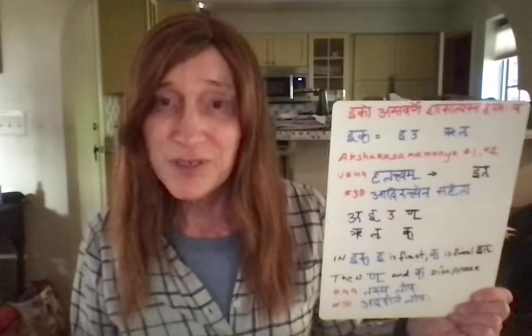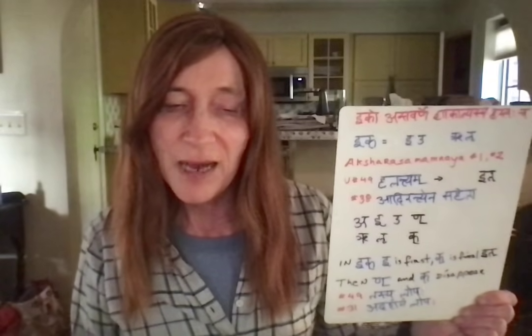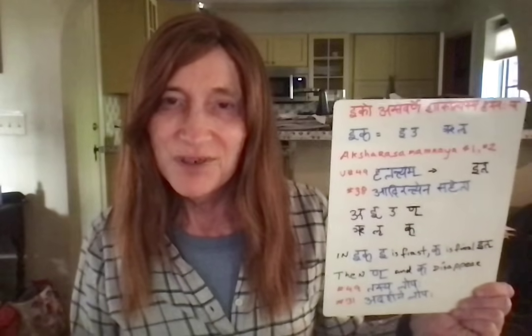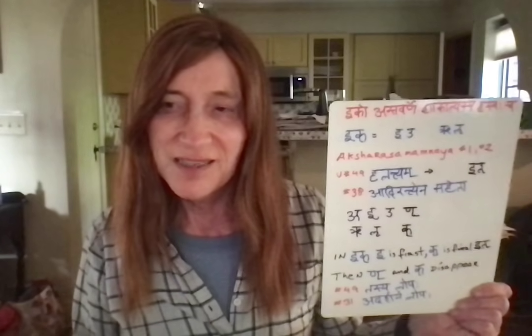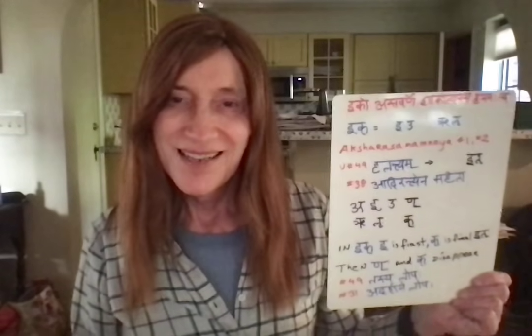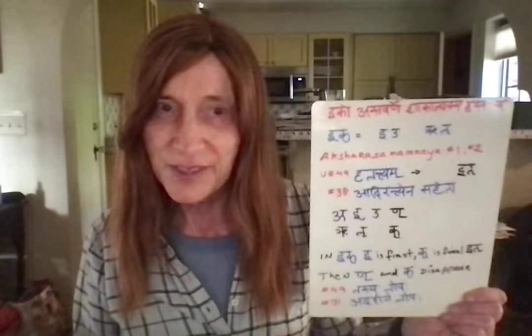But that's what I'm going to try to do. And also this time I'm identifying the sutras not by their number in Ashtadhyayi or in Siddhanta Kaumudi, but by the video number in which we discussed each of them at length earlier on.